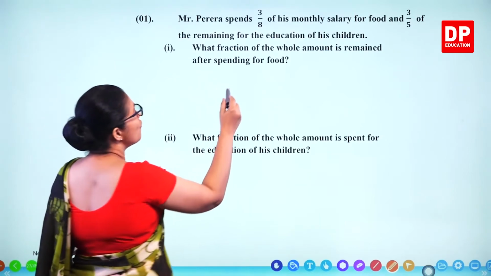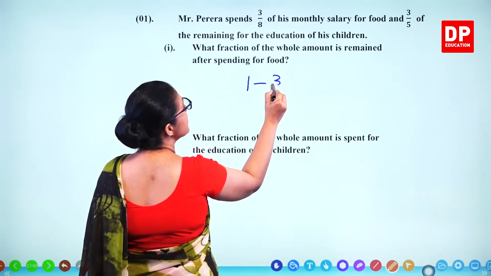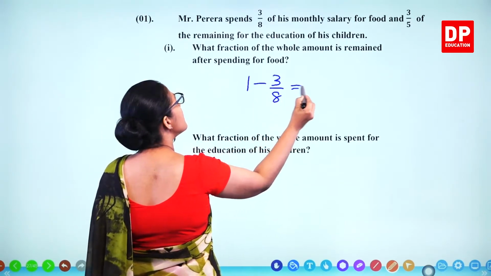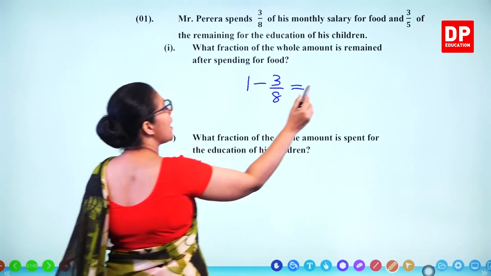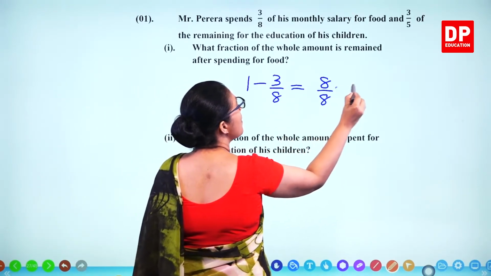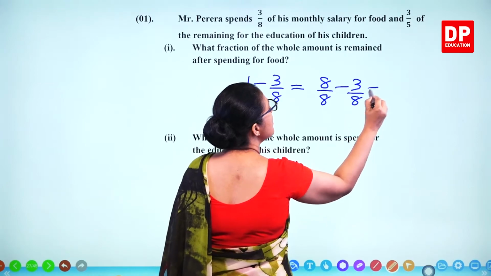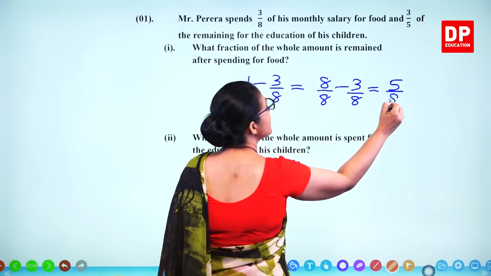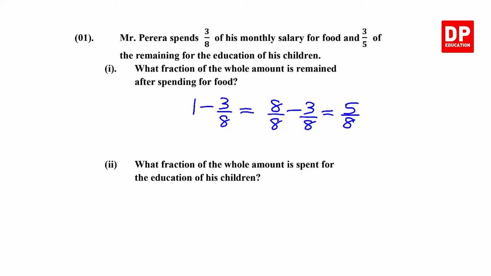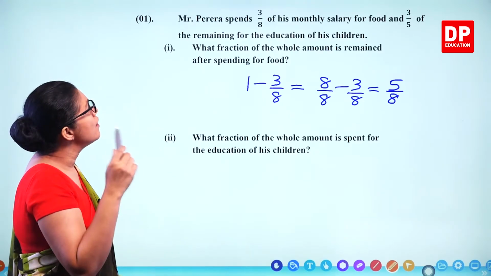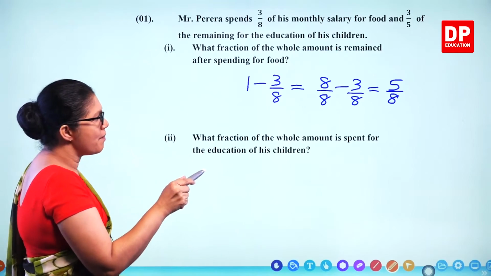3/8. So the full part is 1, minus 3/8 is the remaining part. So 1 you can write as 8/8 minus 3/8. You get 5/8. What fraction of the whole amount is spent for the education of his children? So 3/5 of the remaining.